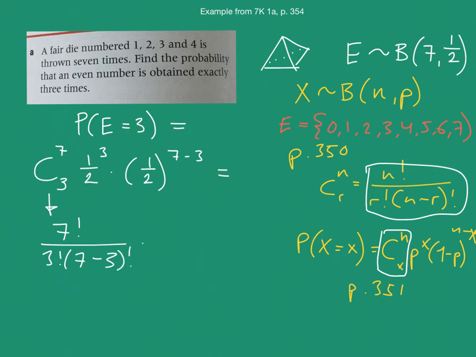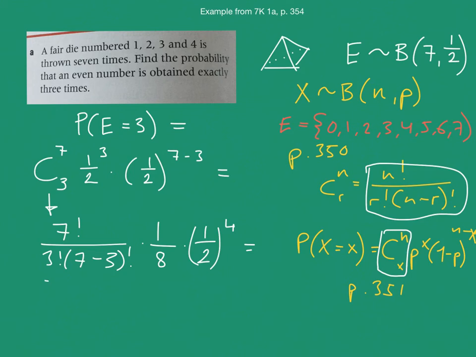And then we're going to multiply it with 1/2 to the power of 3. That's going to be 1/2 multiplied with 1/2 multiplied with 1/2. That's 1/8. And then we have 1/2 to the power of 4, which is 1/16. But we'll see what happens here then.